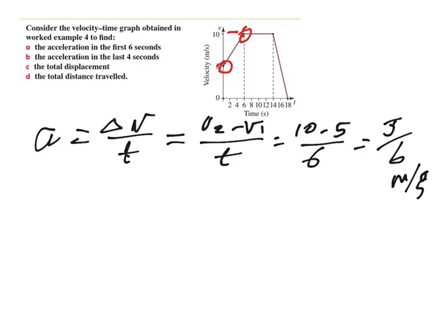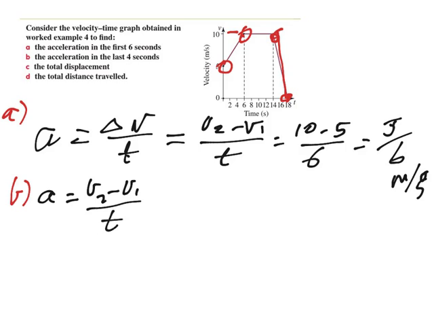that's part A. Part B says acceleration in the last 4 seconds. So that's from here to here. So again, the acceleration is v2 minus v1 over time.